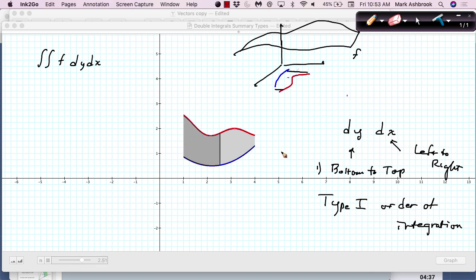Which is, so again, regions are often called D, so over D, finds what? Signed volume. And what is signed volume? Somebody else? What is signed volume? Yeah, Brian. It's the sum of the positive and the negative volumes.